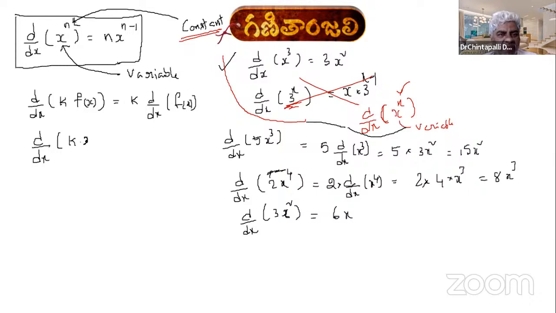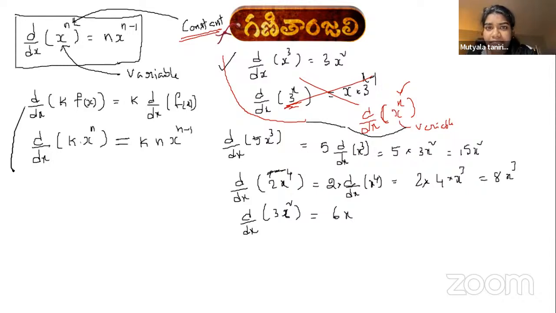Derivative of k into x to the power of n. So both of them are variables, multiplied. That means kn x to the power of n minus 1. Now, same pattern.